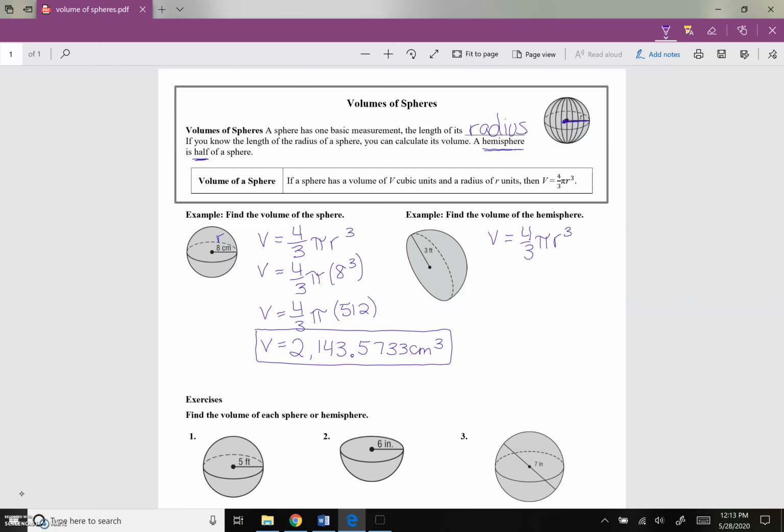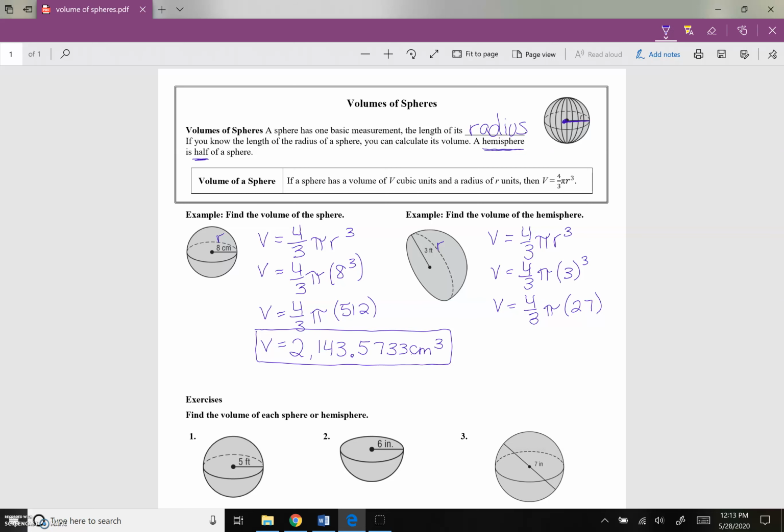And we know that our radius from the picture is 3 feet, so we're going to plug that in. And I like to keep everything together. I rewrite everything every time so I don't lose anything. And we're going to do the 3 feet cubed first because we're following our PEMDAS rules. And that's going to give us 27.